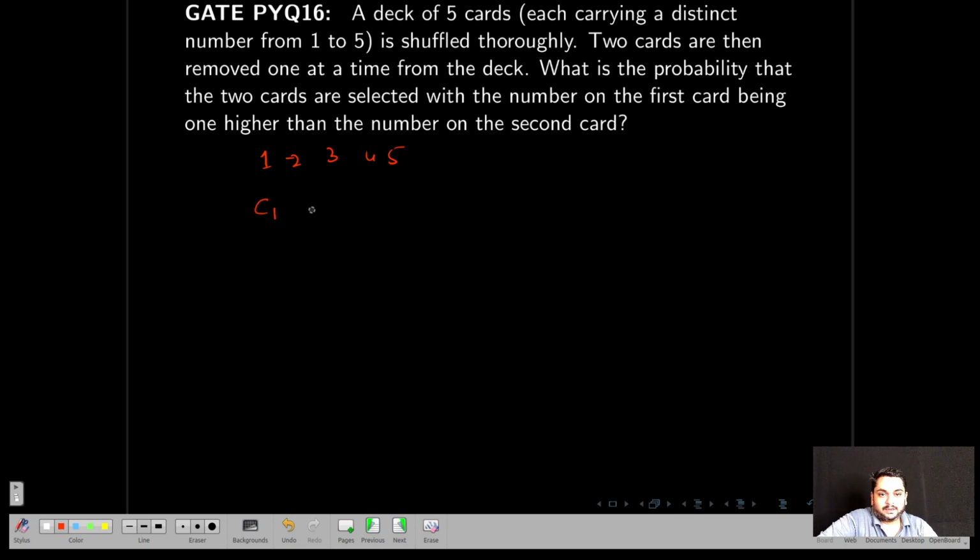Okay. So let us say this is card 1, this is card 2. This is chosen first, this is chosen next. Now what they are saying, if this card has the number 2, then it should be exactly 1 more than that. That is, C1 should be equal to 1 plus C2. Sorry, I just took it the other way, 1 minute.